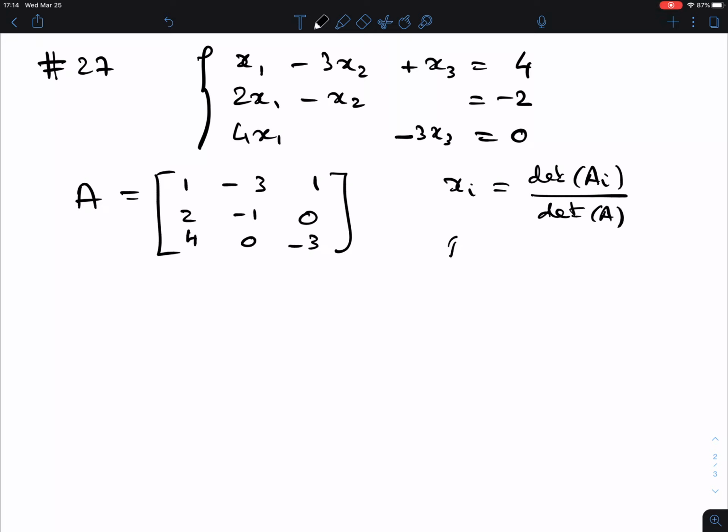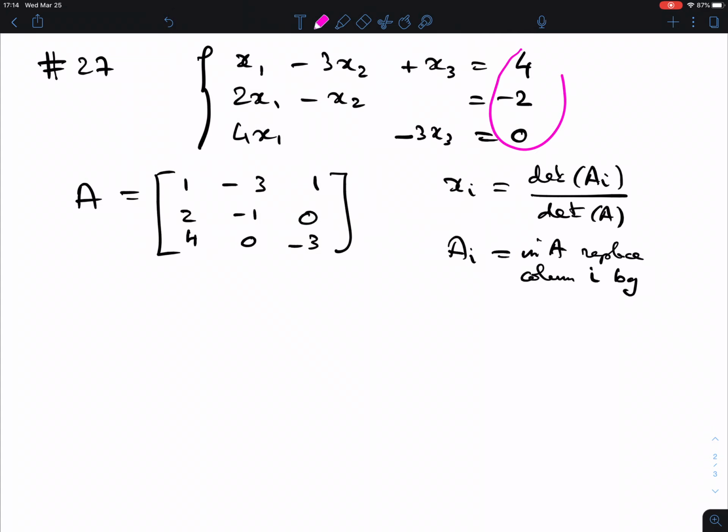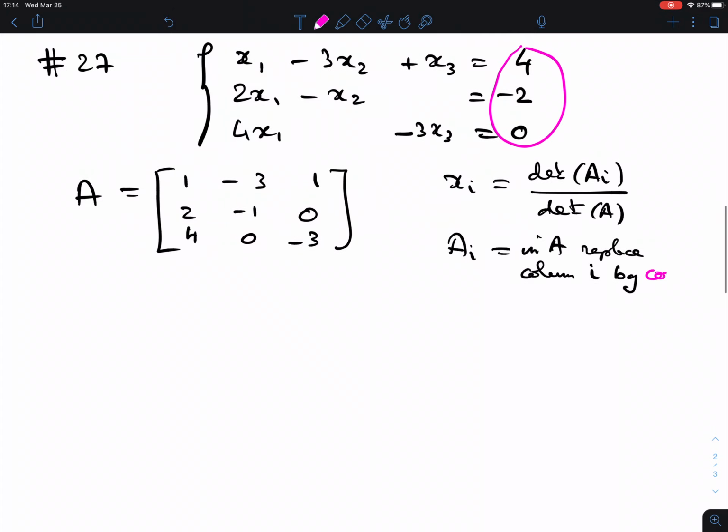And Ai is A with column i replaced by the constant column, the constants.